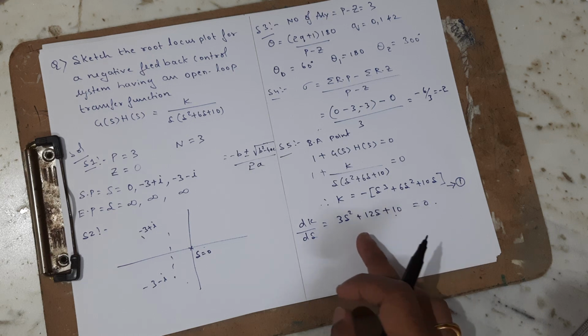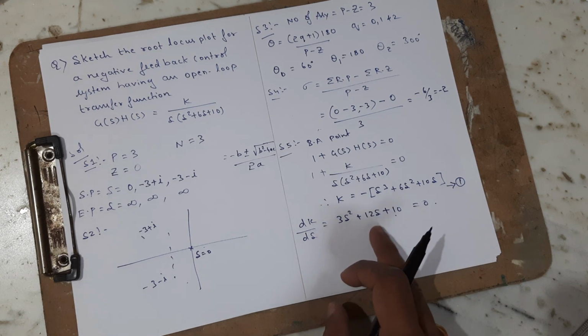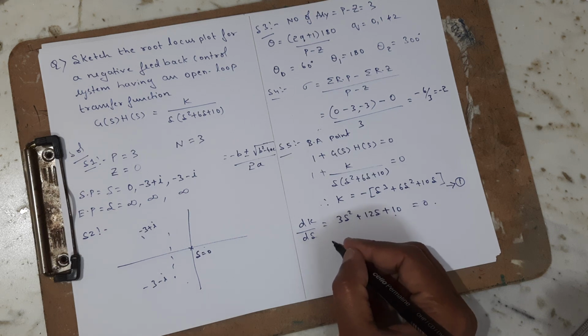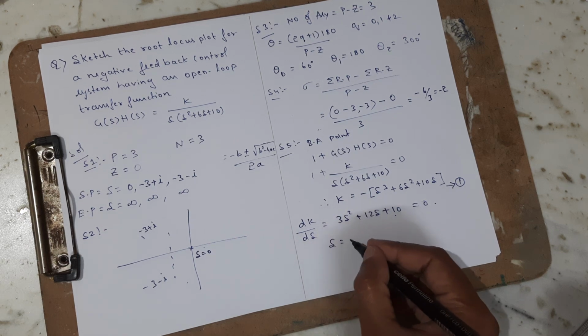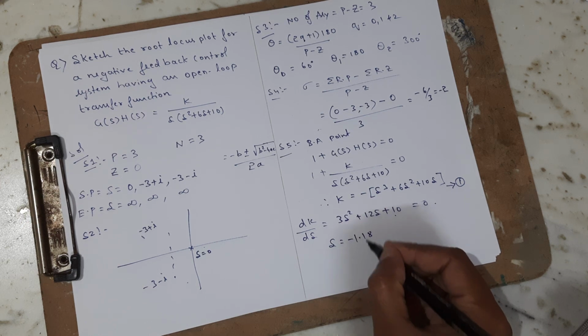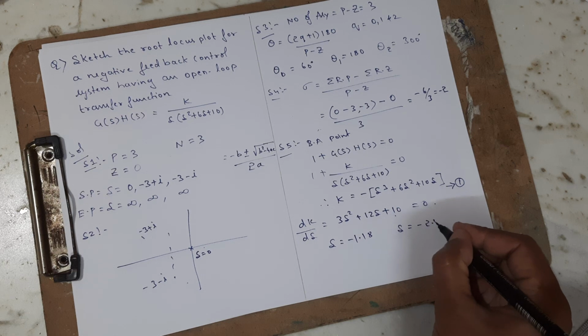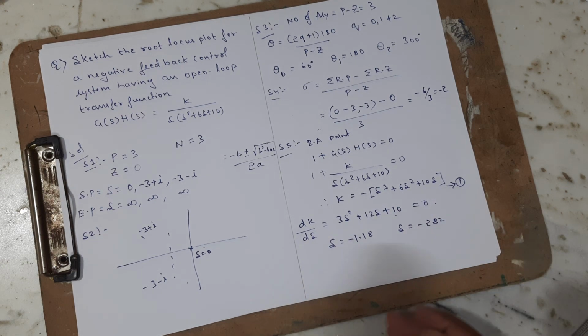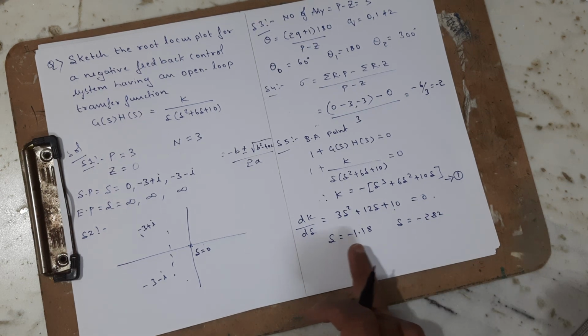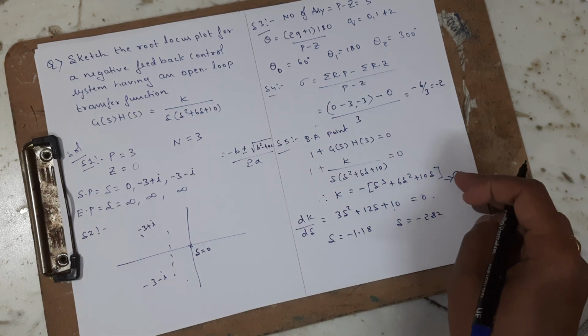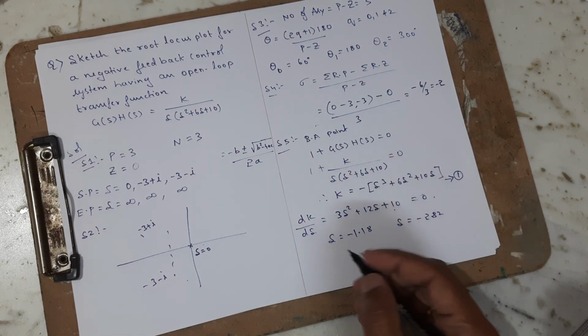Okay, so with the help of a calculator I am going to solve this to find out the roots of s. After using the calculator, I found that s is equal to minus 1.18 and also s is equal to minus 2.82. Okay, so I am going to substitute these values in equation number 1 to find out the values of k.